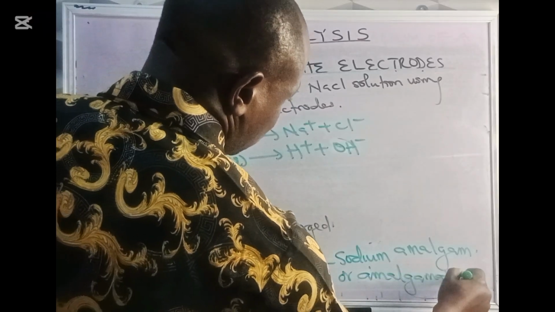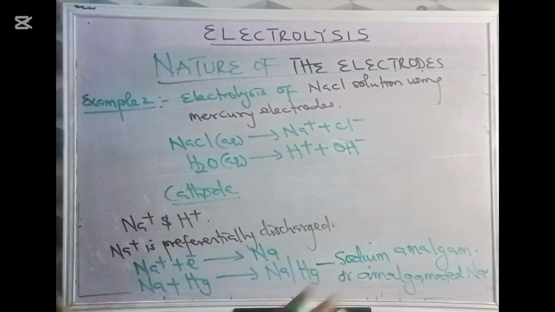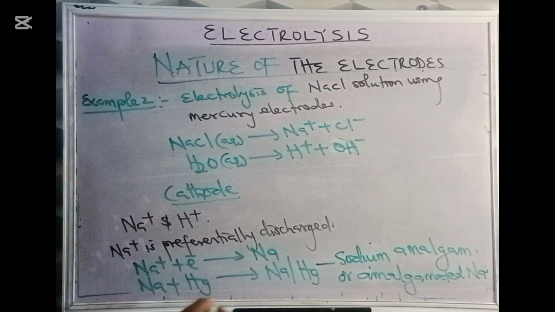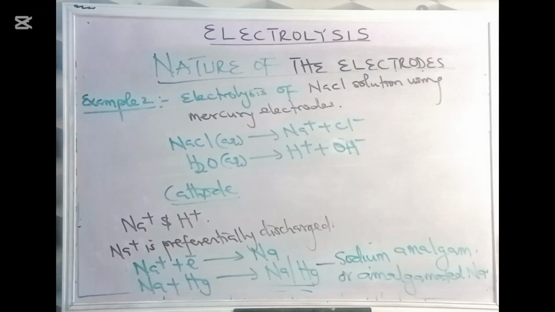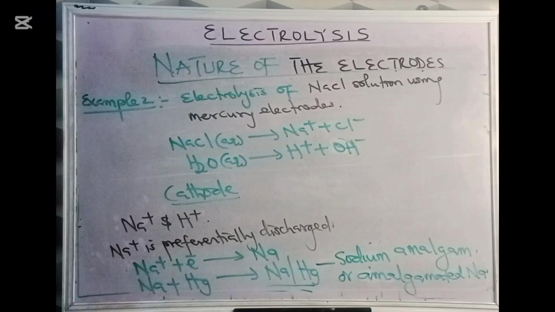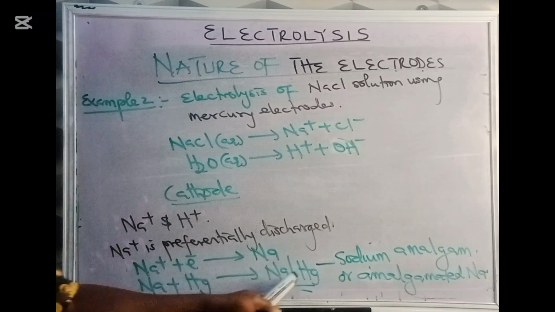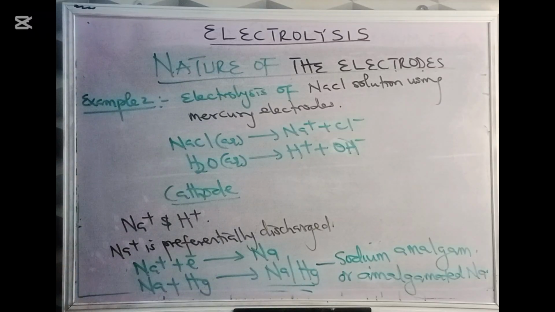This is the product at the cathode. Because sodium has high affinity for mercury, it can easily form amalgam with mercury. So this is what will happen at the cathode.